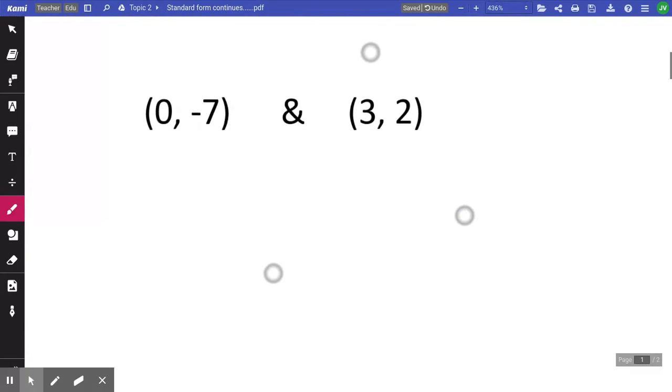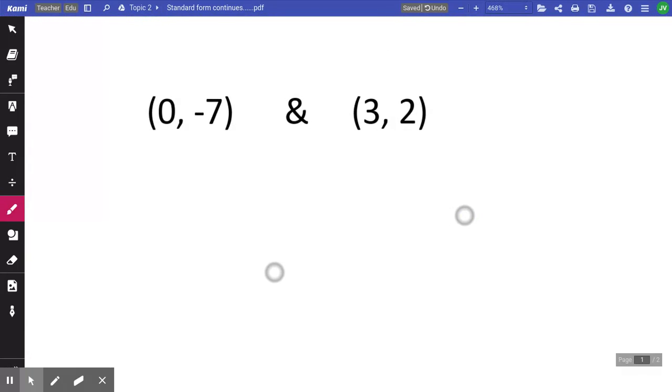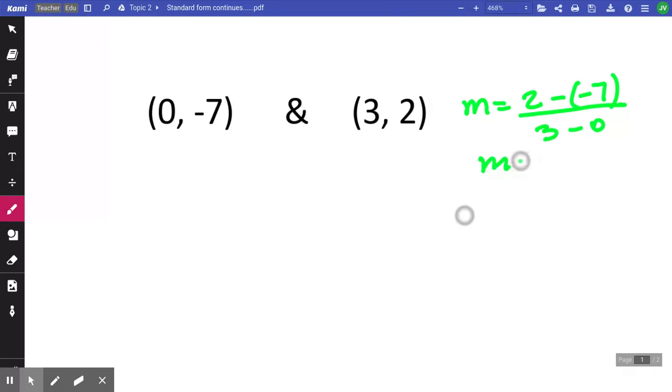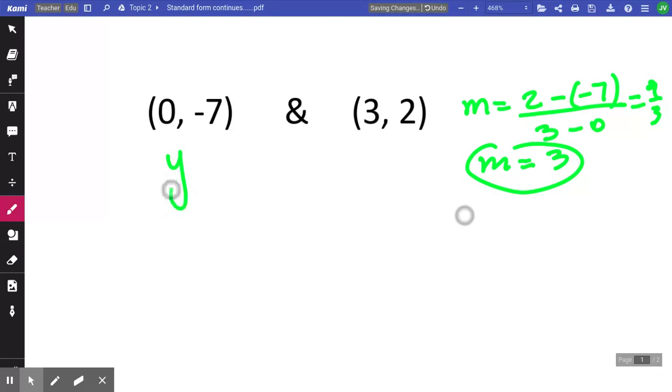Again, I'm going to find the slope first. All right, and the slope will be 2 minus -7 over 3 minus 0. So the slope will be 3, because that's going to equal 9 over 3. So the slope is 3. Now let me write the equation. y minus, how about I use this point right here?